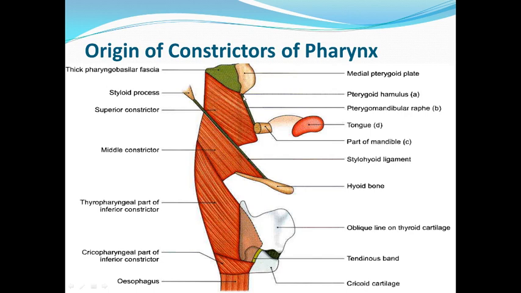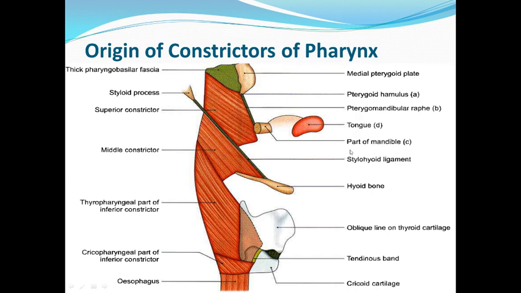Then the pterygomandibular raphe, joining the pterygoid plate and the mandible, is a raphe called the pterygomandibular raphe. This is the second point of origin of the superior constrictor. Then the superior constrictor has the medial surface of the mandible as a point of origin.